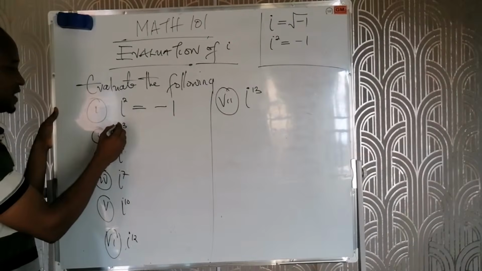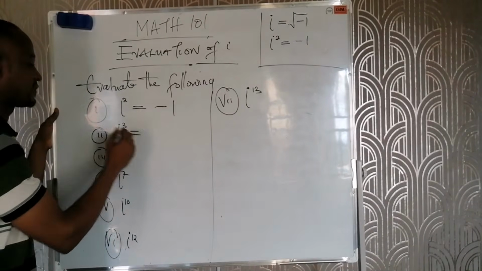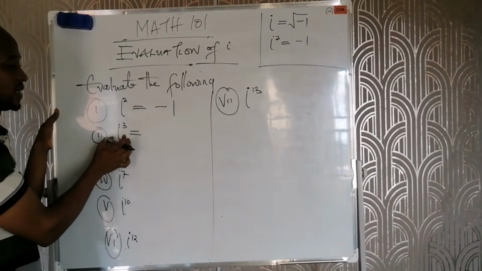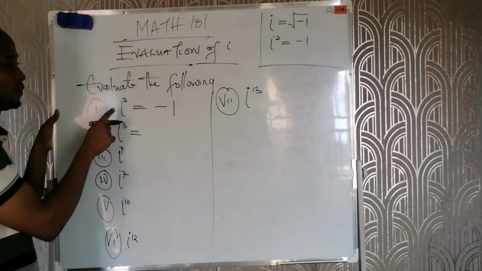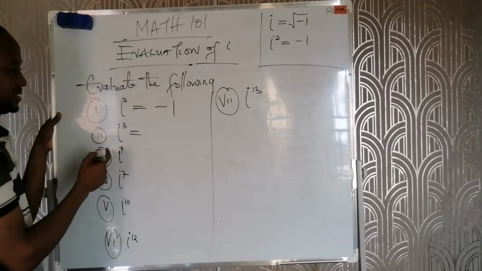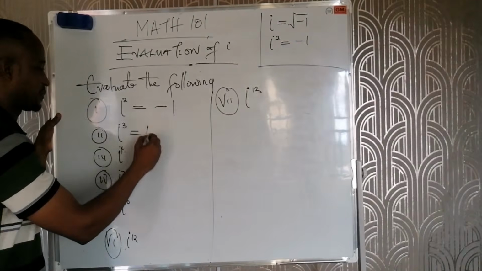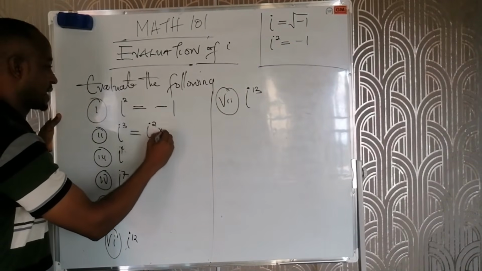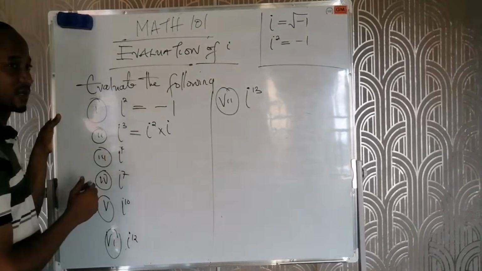Then to evaluate i raised power 3, I have to reduce this i raised power 3 to the simplest, starting with i squared. Don't forget that according to the law of indices, i cube can be expressed as i squared times i, right?